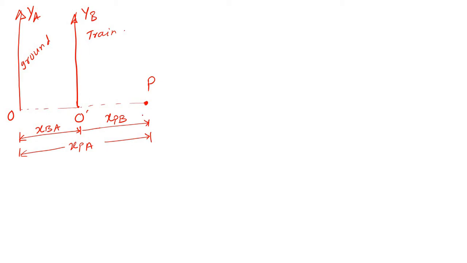So at any instant t, we have captured this photograph and this is the situation in front of you. What we can see is that XPA is nothing but XPB plus XBA. This is the position.